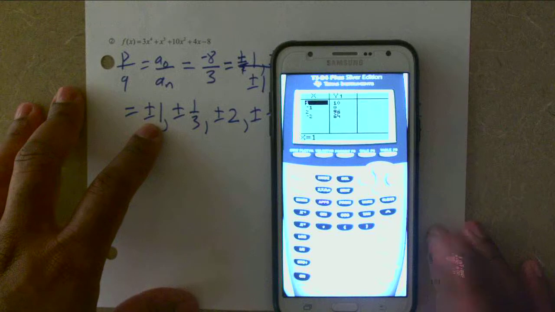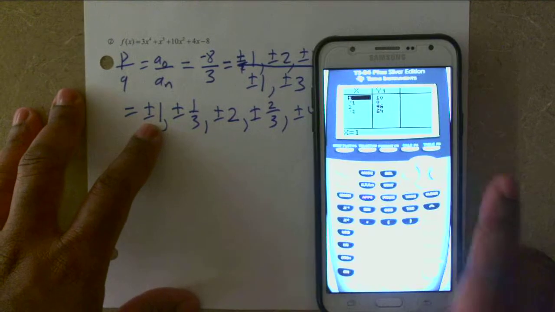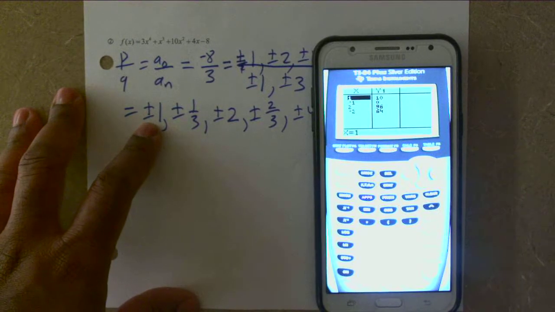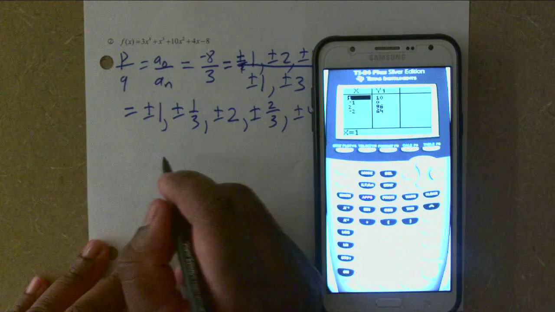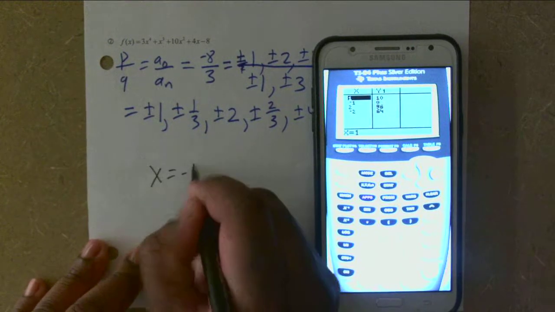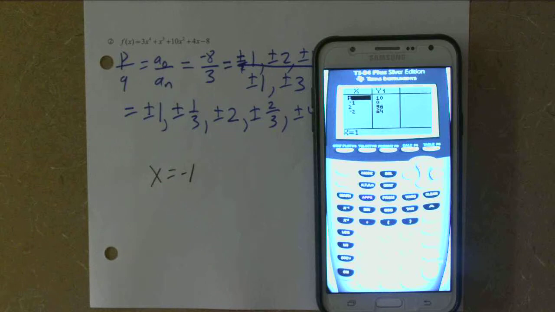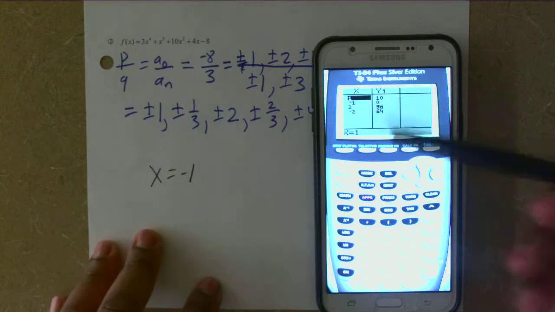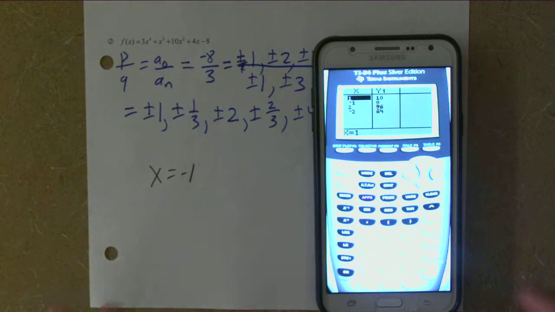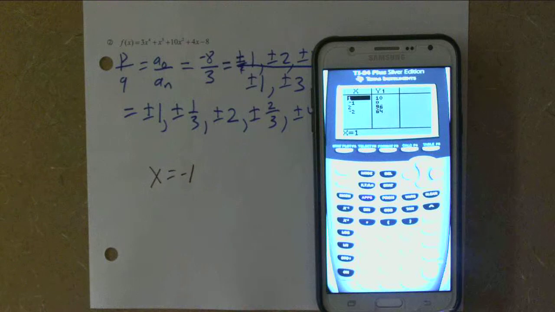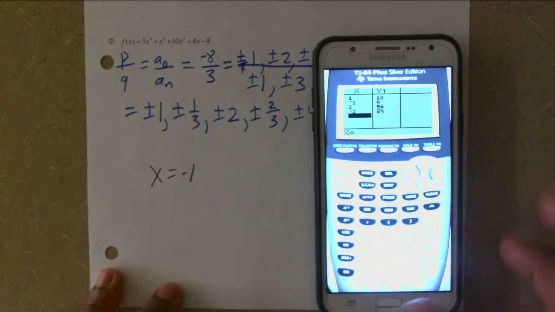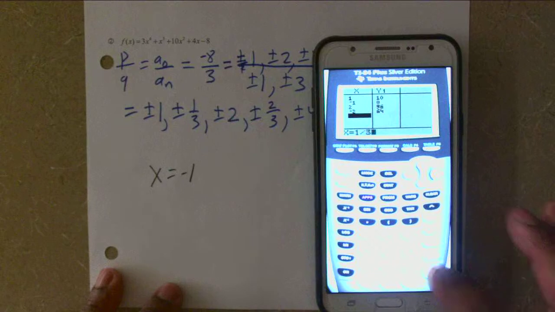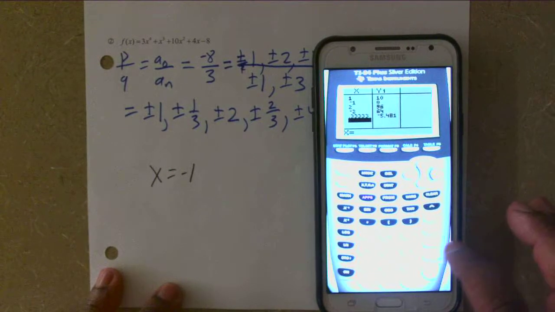Now, we just so happen to have the 1 and negative 1. We notice that negative 1 works. So I'll put it here, x equals negative 1. We know that'll be one of our answers. 2 and negative 2 don't work. Now, we can go down and type in 1/3, and then also negative 1/3.